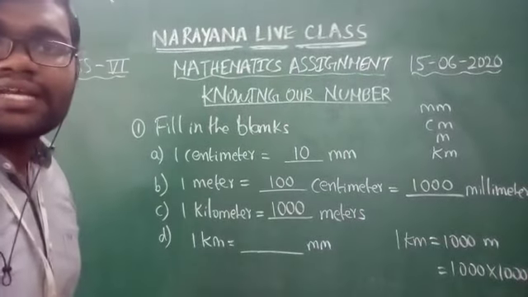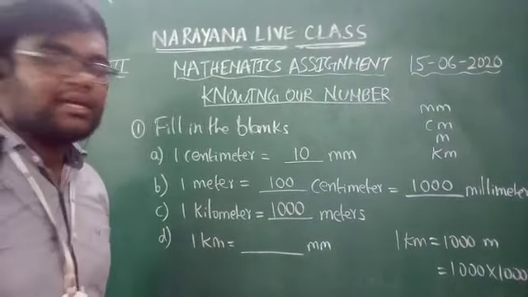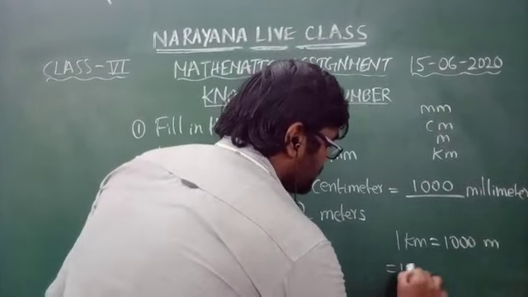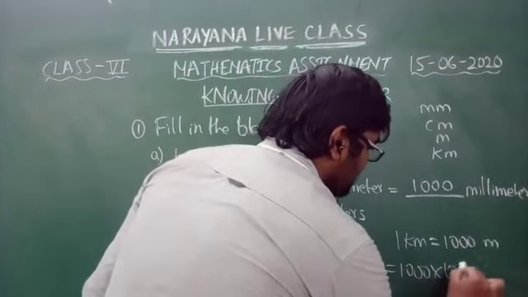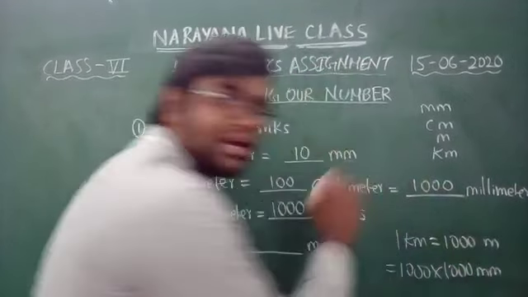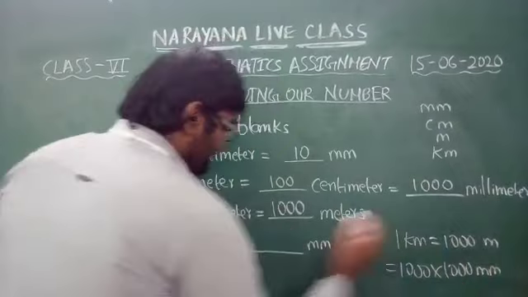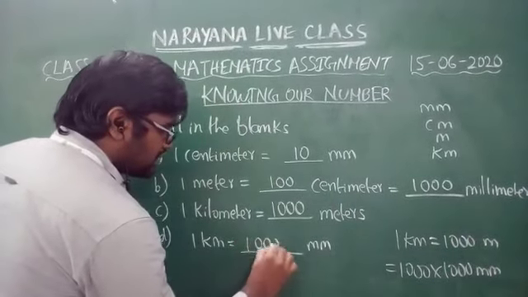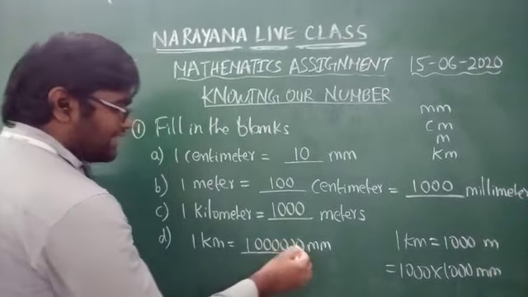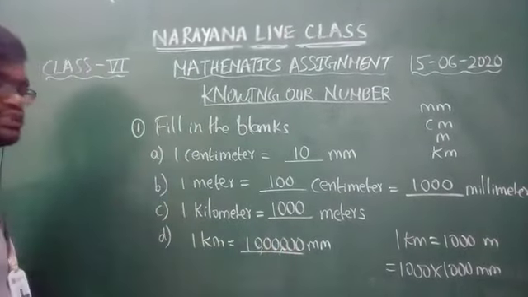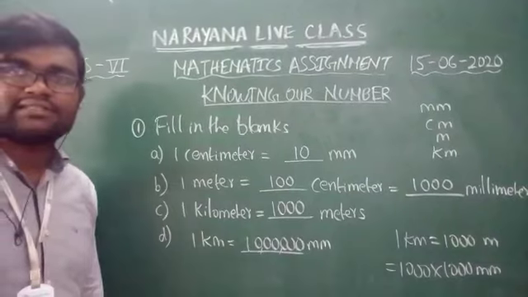In place of this 1 meter, I can write 1000 millimeters. So 1000 into 1000. What will you get? Number of zeros: 1, 2, 3, 4, 5, 6. So ones, tens, hundreds, 1000, 10,000, lakh, 10 lakh. So 10 lakh millimeters. Okay, students?